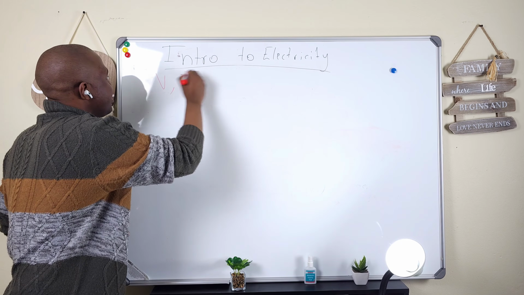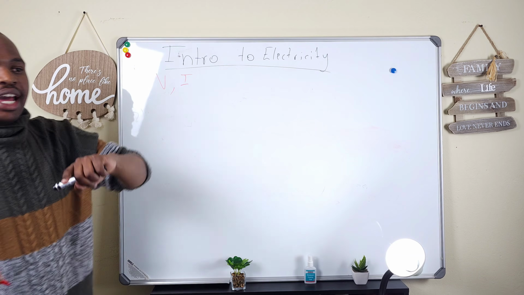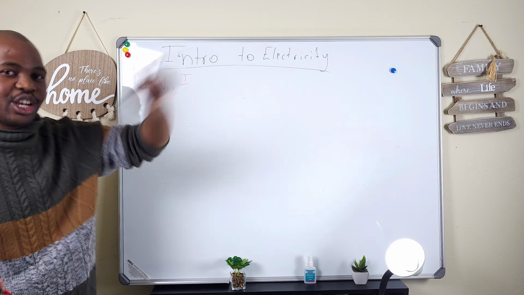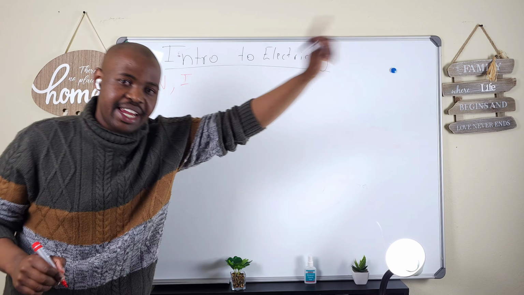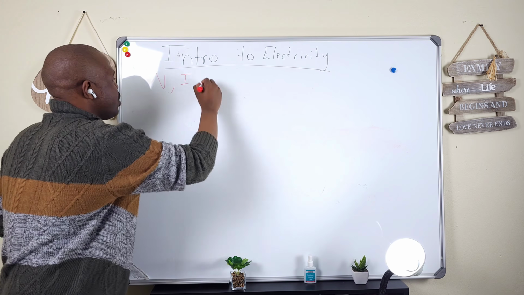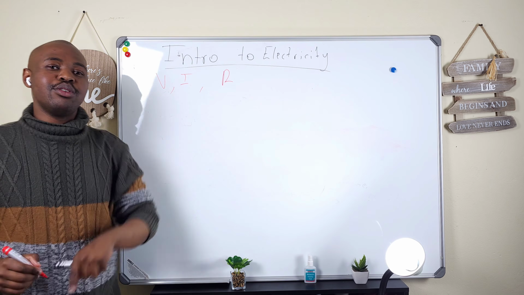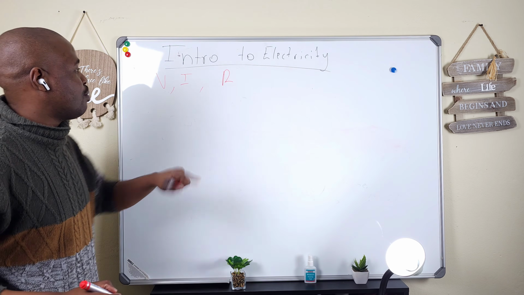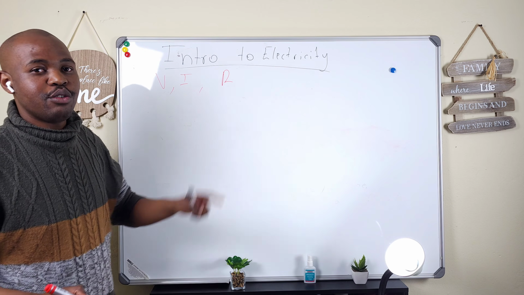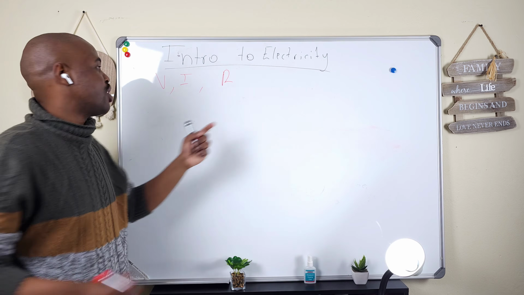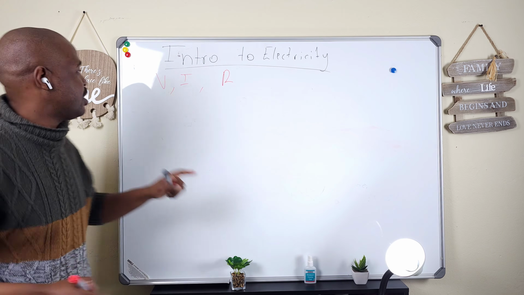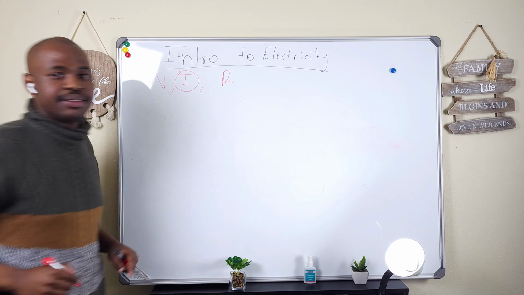And then I talked about current, which is actually the movement of free electrons. Then I talked about what? Resistance, which is the opposition to the flow of free electrons, or the opposition to the flow of a current. Okay.